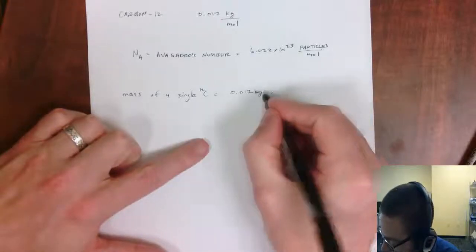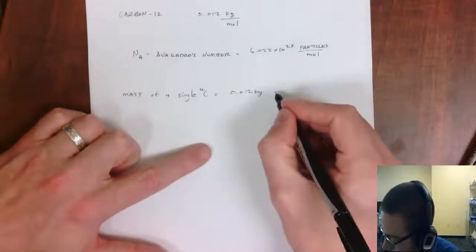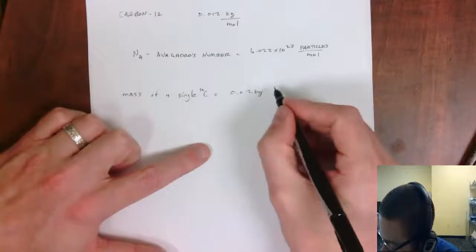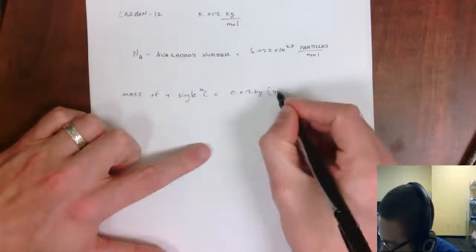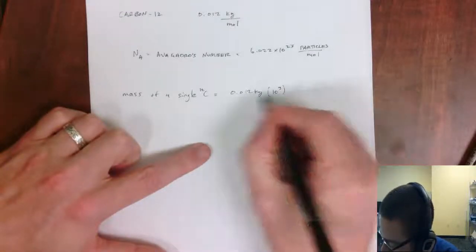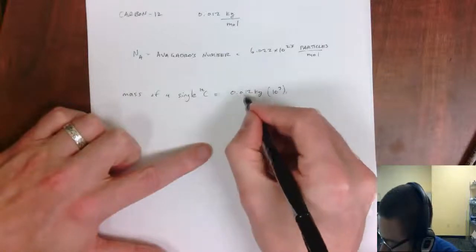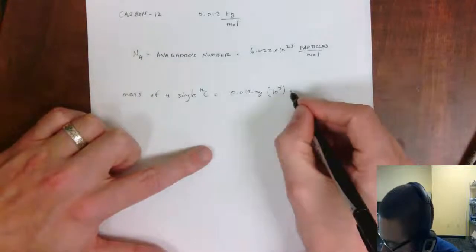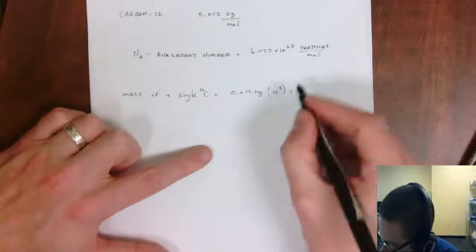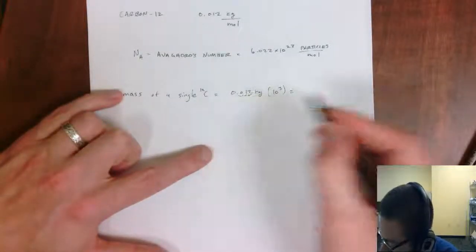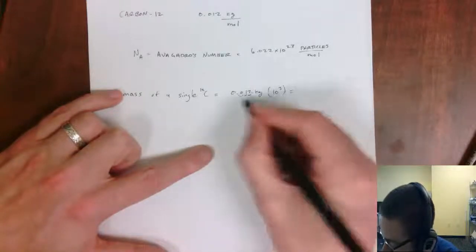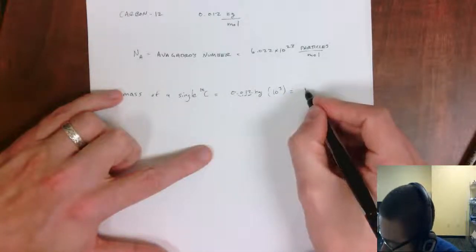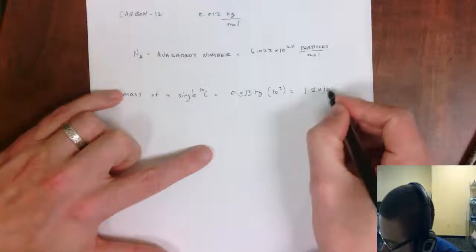So first, a kilogram is 10 to the third grams, so I would multiply it times 10 to the third. And that would move the decimal point over 3 spots. So I'd get 12, but then I'll just put it in scientific notation. So 1, 2, 3. But then I want to move it back 1, so it'd be 1.2 times 10 to the first.